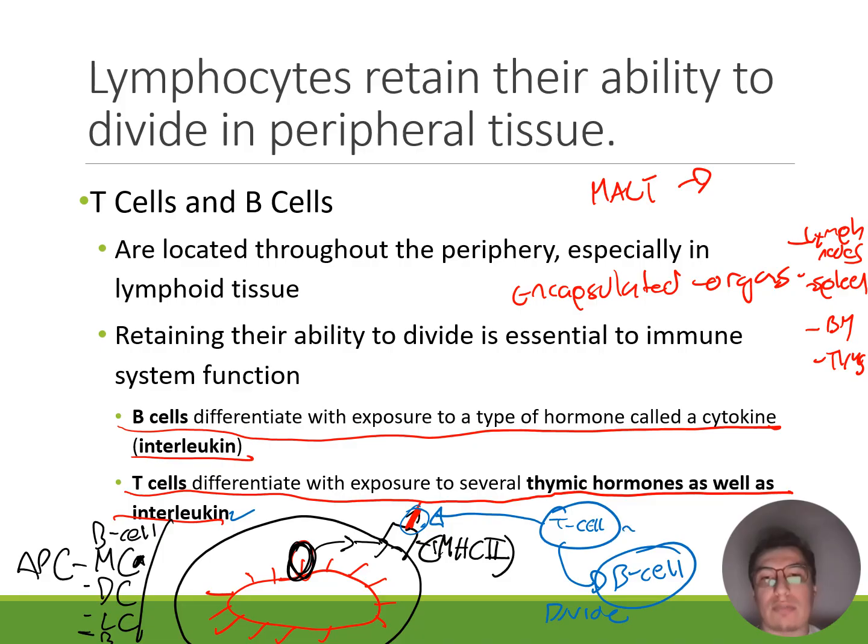This T cell is releasing interleukin so that the B cell, now that it is activated, divides. And the many types of B cells, once they are divided, then they mature and they become a plasma cell. And it is this plasma cell that now is going to create an antibody.